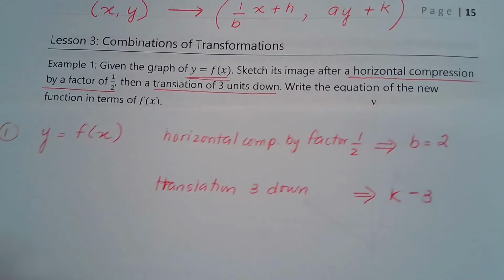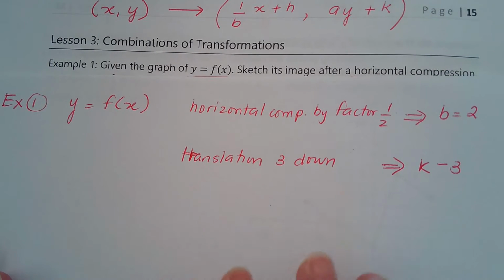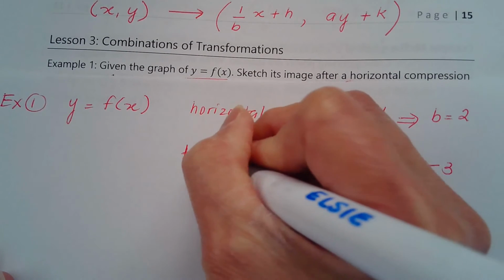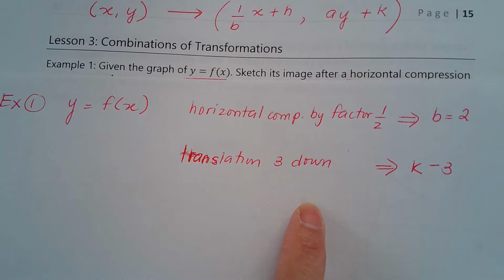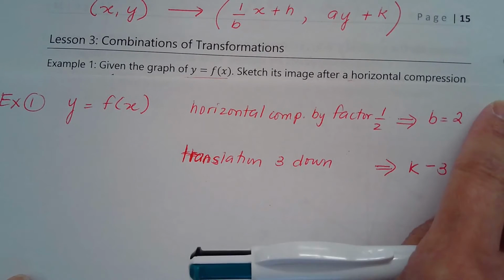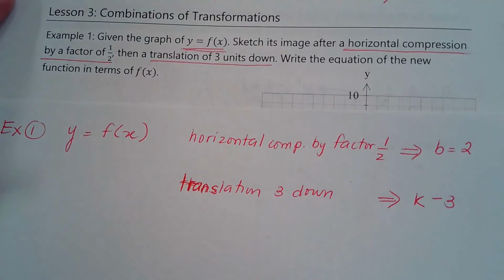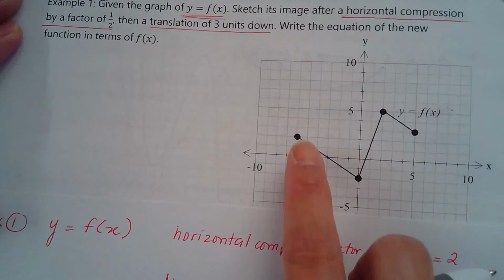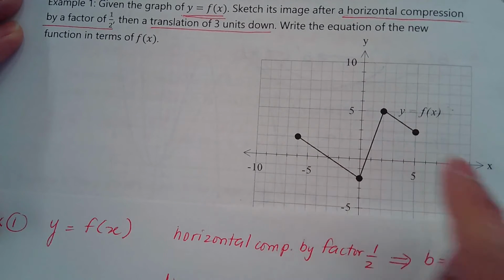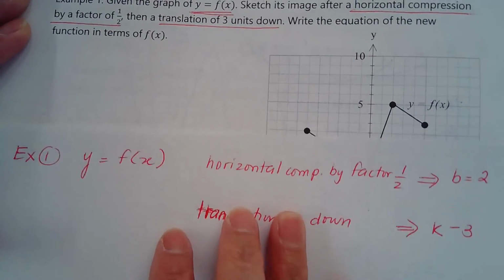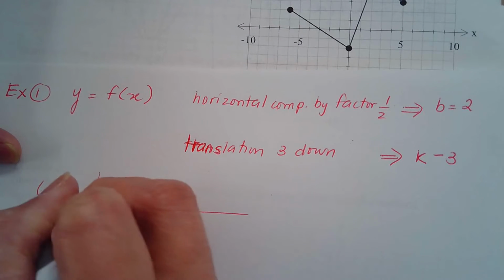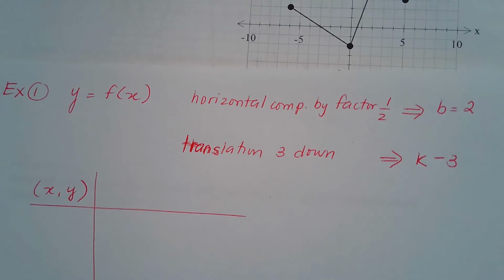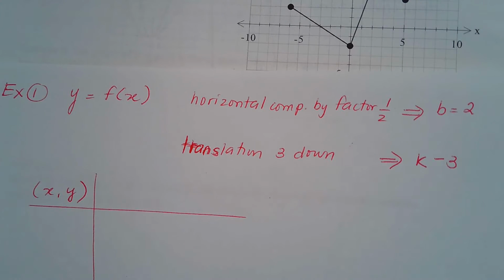Okay, so what we're gonna do is use some points, do the mapping, and apply these transformations. They gave us some points in here, 1, 2, 3, and 4, so we'll just use those points. I'm doing it on a separate page because there's not a lot of room.